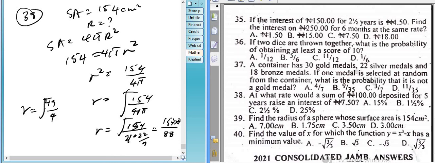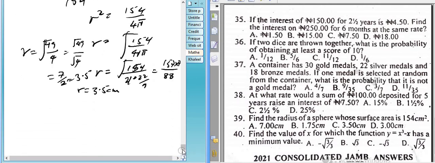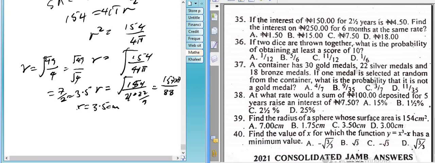Then r is equal to the root of 154 times 7 over 88, which is equal to the root of 49 over 4, then root of 49 over root of 4, which is equal to 7 over 2.